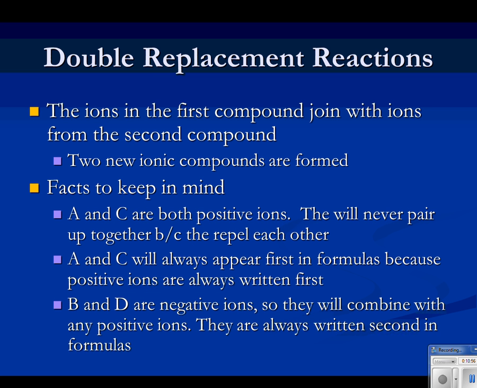A and C are both positive ions. They will never pair up because they repel one another. A and C will always appear first in formulas because they are positive ions and are written first. B and D are negative ions, so they will combine with the positive ions. They are always written second in the formulas because they are the nonmetals. Therefore, their endings also change to "ide" when you're writing them out.